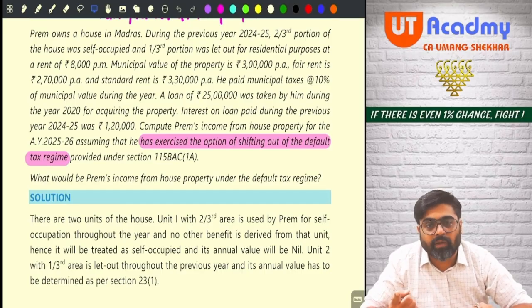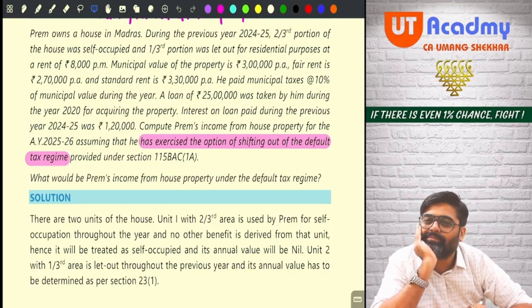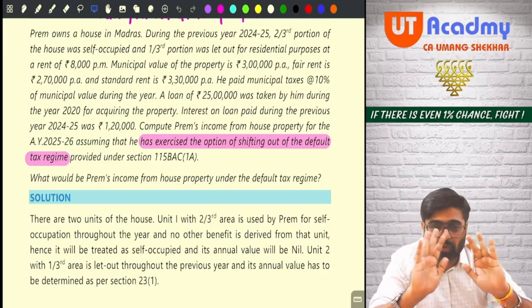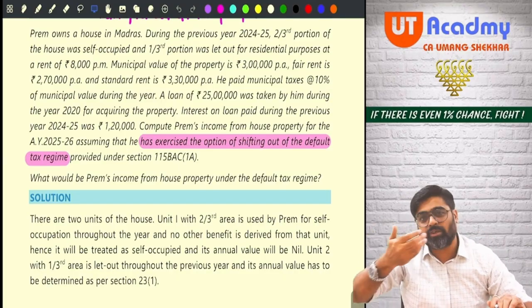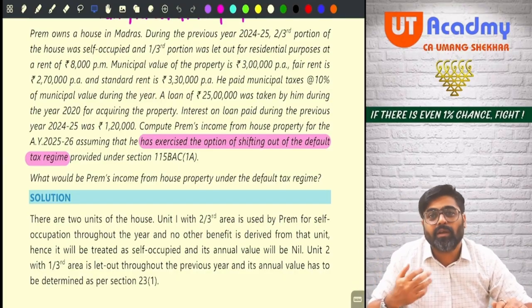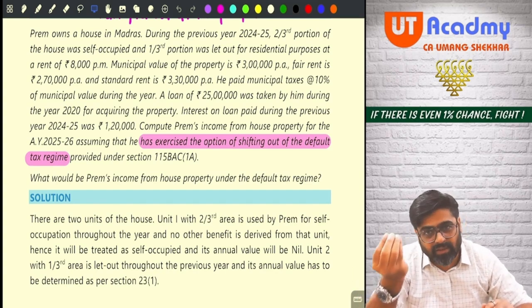And if he is not following 115 BSE, can he claim interest on housing loan deduction from his SOP portion? If he is not following 115 BSE, default tax regime, he is shifting out, can he claim SOP interest? The answer is yes.